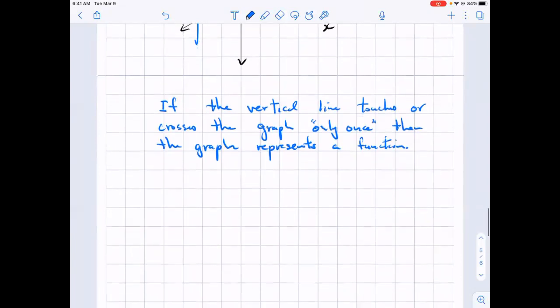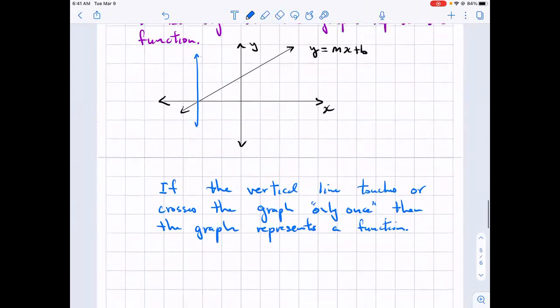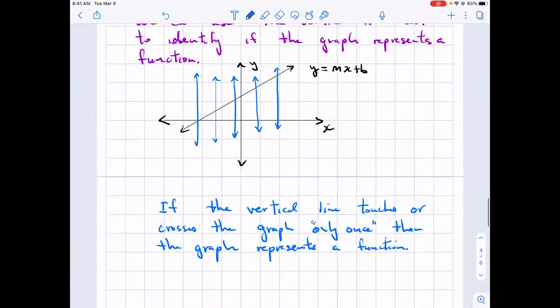So please note, you have to draw more than one line. If I continue to draw lines here, each one of these lines only crosses once. So you want to draw a bunch of lines to see, because maybe one of them will cross, but the other one wouldn't cross. So this is a function. Let's redraw it.